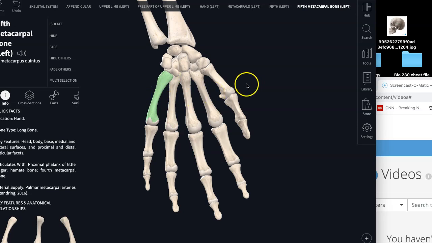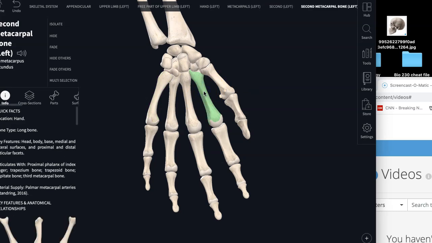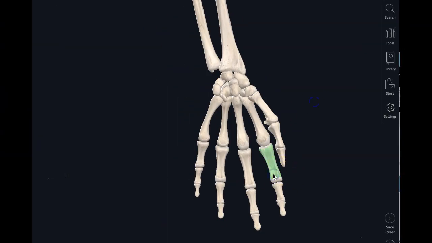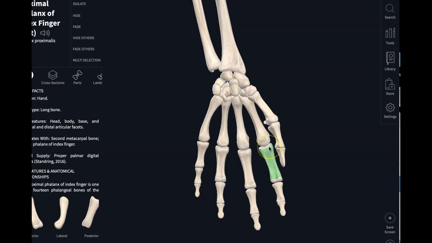Easy wheezy. If on a lab practical I ask you, what's that bone? You would say metacarpal number 2. Always give the number of the bone. Remember, thumb is always number 1. So now we're going to get into our fingers, our digits, aka our phalanges. Remember you learned that word phalanges on the first day of class?